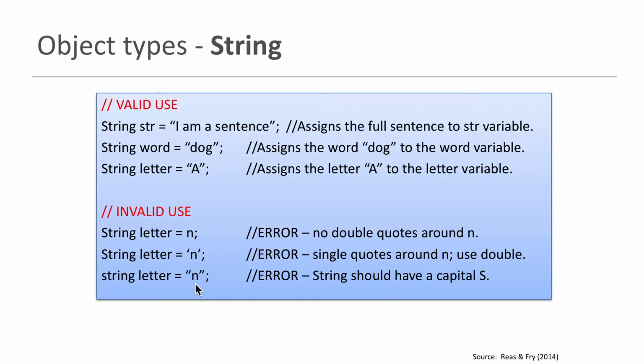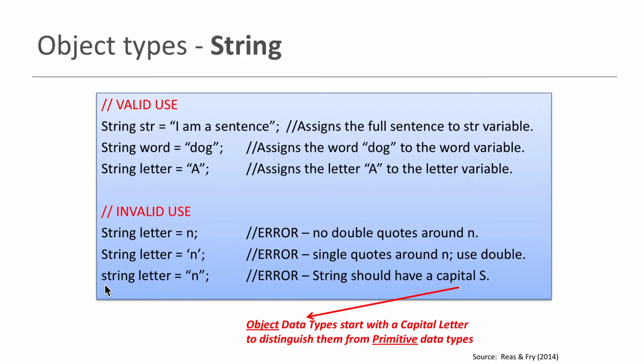Or in the final example here, if you use the lowercase s, because object types are defined and declared with an uppercase first letter. Remember we said Java is case sensitive, so this is one that might catch you out, so be aware of it, okay?